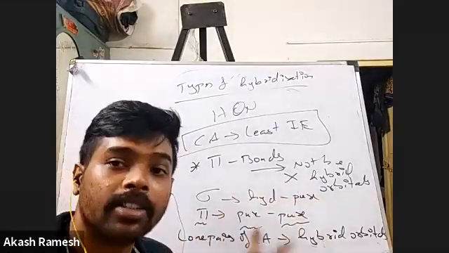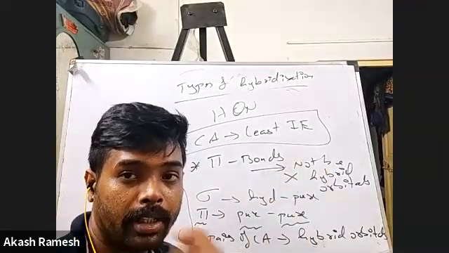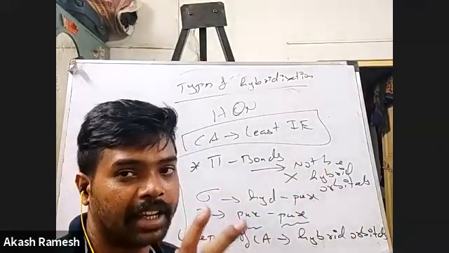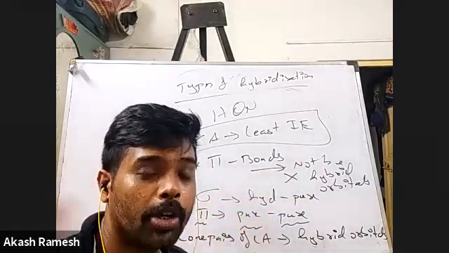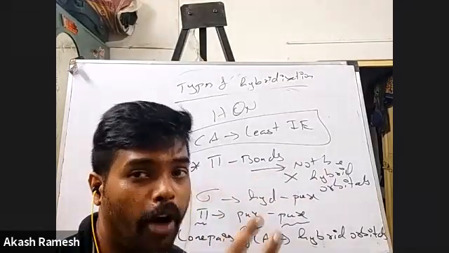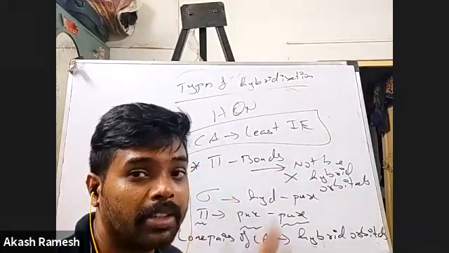But the pi bond is still the pure atomic orbital of the central atom and the pure orbital of the side atom. Next, the number of atomic orbitals combining should be equal to the number of hybrid orbitals formed: sp will have 2, sp2 will have 3, sp3 will have 4.